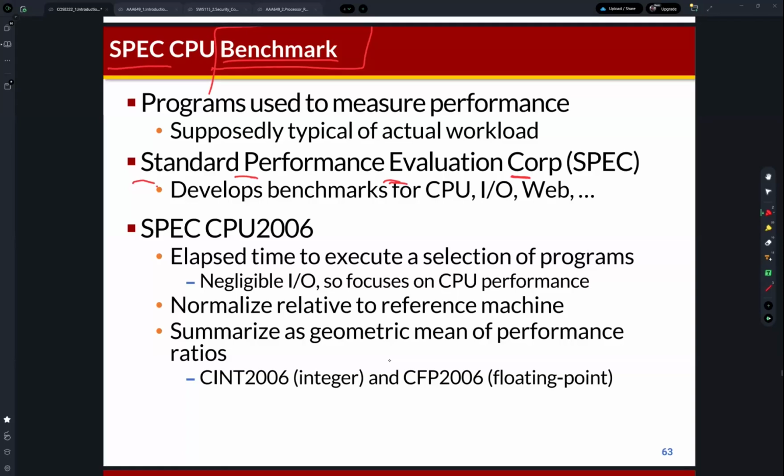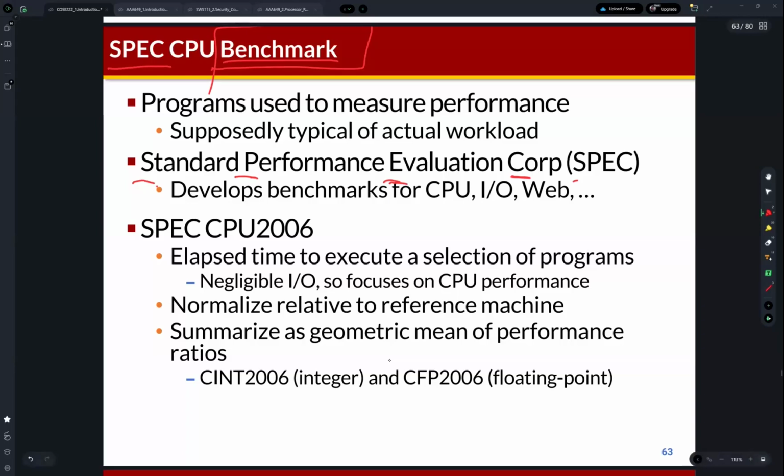Actually, some manufacturers, such as the computer manufacturers and CPU vendors, just made this group, a SPEC group, and then they select some applications, and these applications are commonly used for measuring the performance of a system. So you can Google SPEC benchmark, then you can find some more recent SPEC benchmark, and also you can find some descriptions about the SPEC benchmarks.